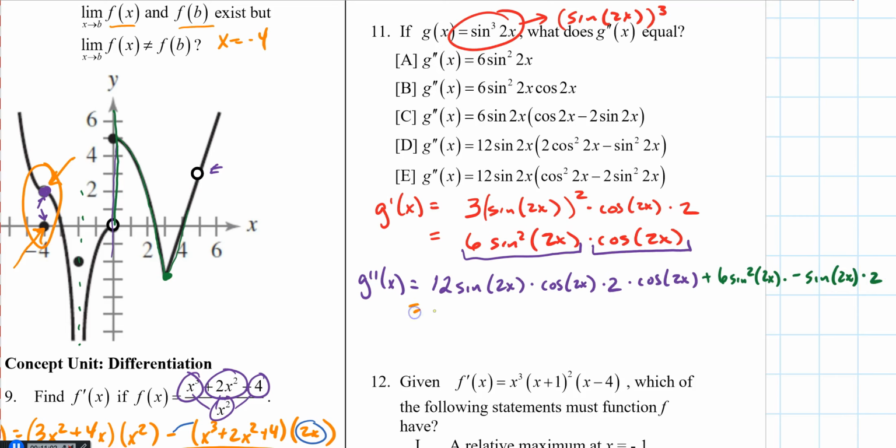And so when I simplify this, I get 24 cosine squared 2x sine 2x plus negative 12 sine cubed of 2x.